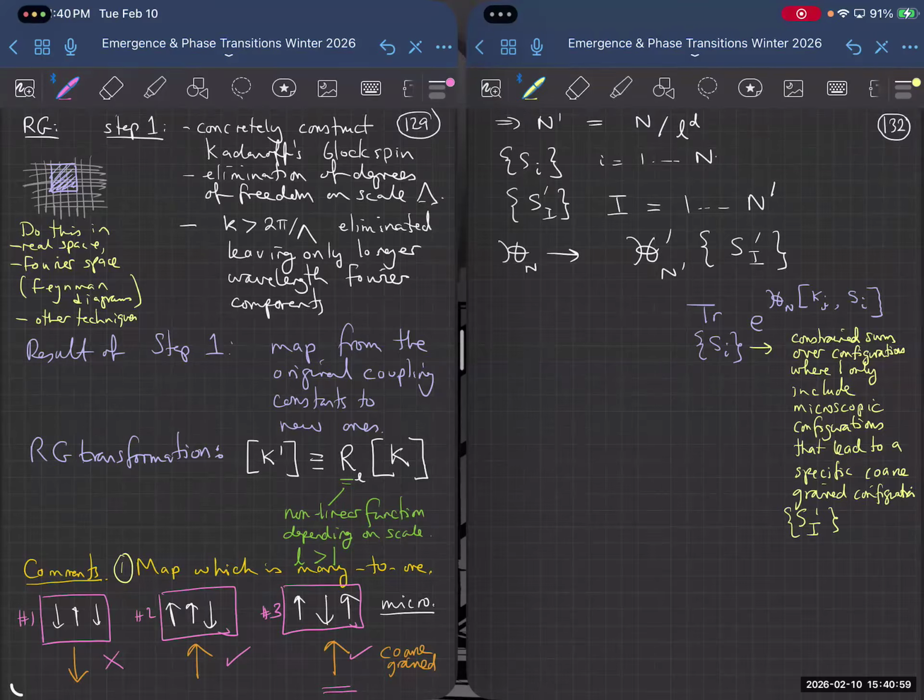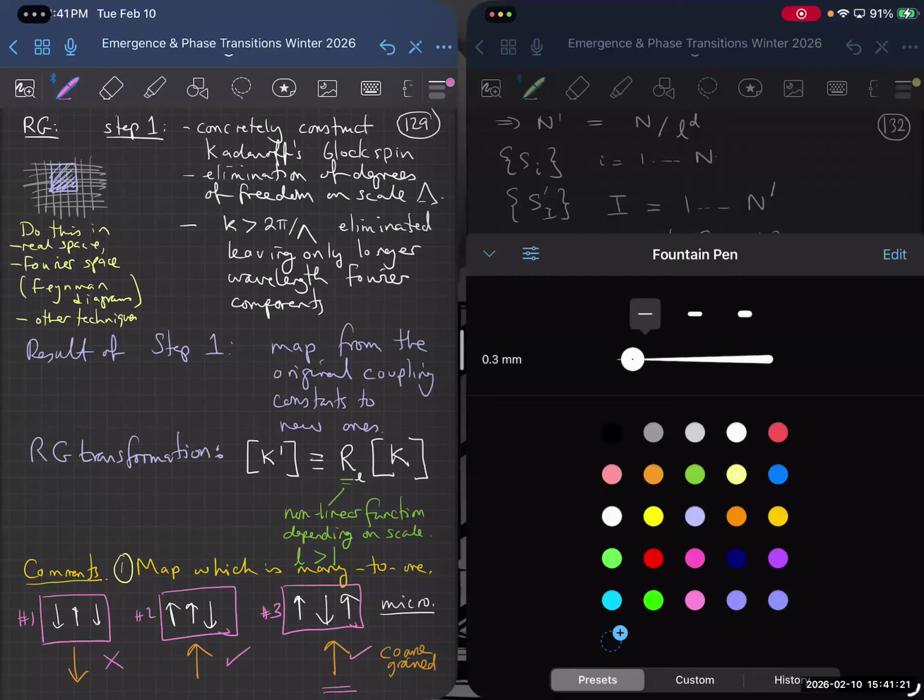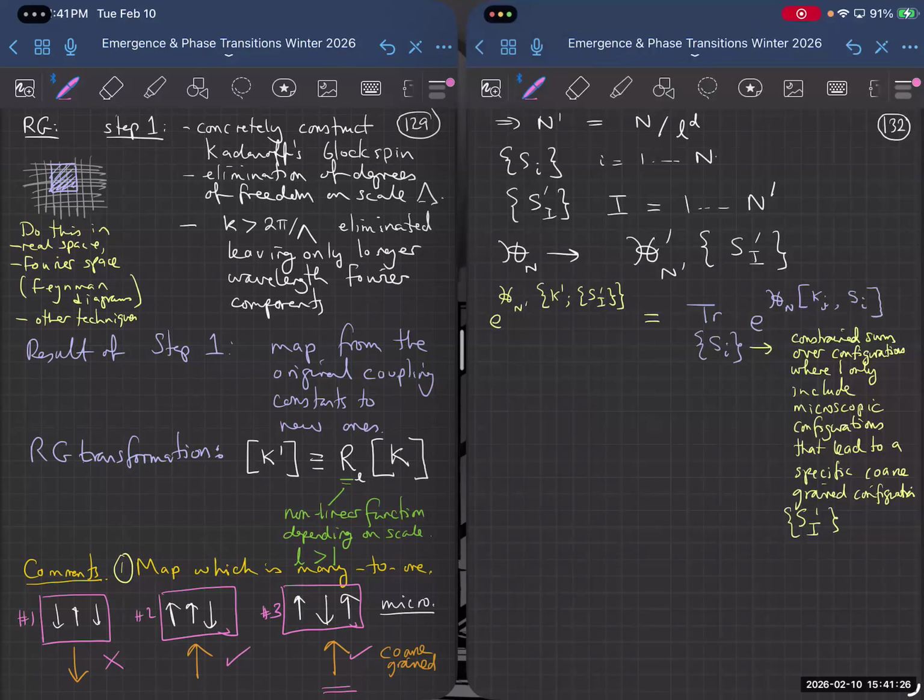So this is a constrained configuration sum. And so what that means is that you, on the left-hand side, have to tell me what coarse-grained configuration you want. So I've got my K prime, and then over here my S_I prime, like that. So let's draw this carefully. You tell me what your coarse-grained configuration is.